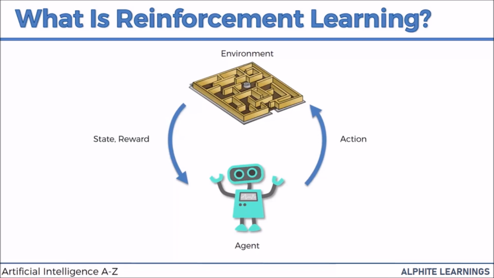If I just accelerate, I'll get an accident, which is another reward. Every time it takes an action, the state will change and it will get a different reward. Bear in mind, sometimes the action won't change the state.